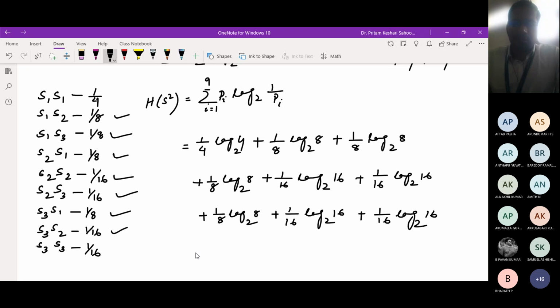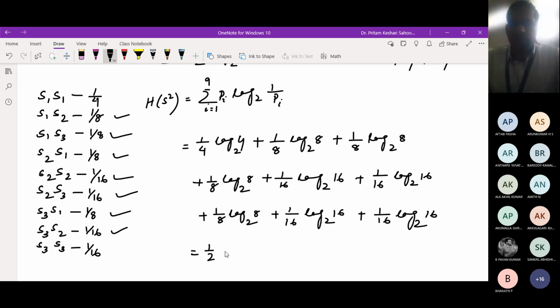All right, so you see this 4 you can write as 2 to the power 2, this 8 you can write as 2 to the power 3, and the 16 you can write as 2 to the power 4. So if you write 2 to the power 2 here, this power 2 will be multiplied here, so it will be 2 by 4, which is 1 by 2, since log base 2 of 2 is 1.